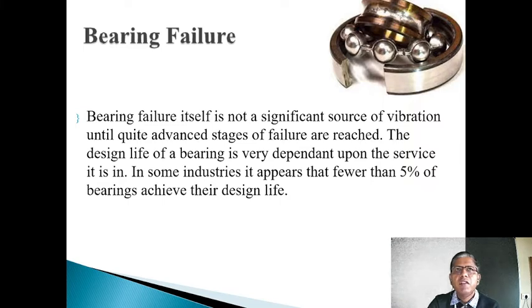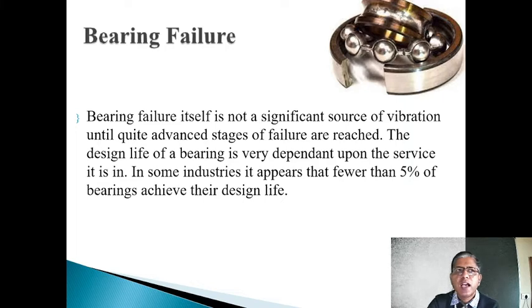So bearing is a very critical component, and if it is not lubricated properly, if it is not maintained properly, then there are chances that the bearing may not complete its prescribed lifespan.